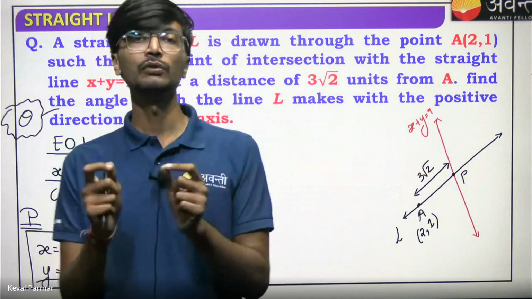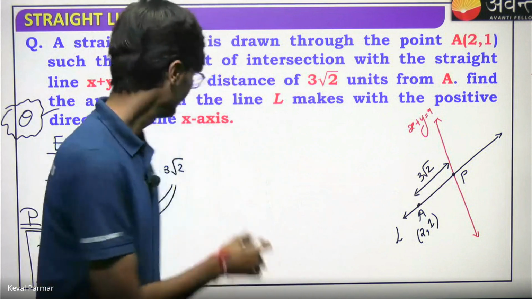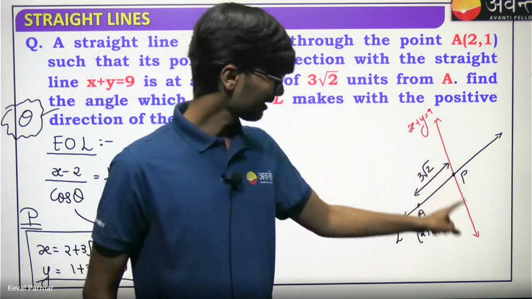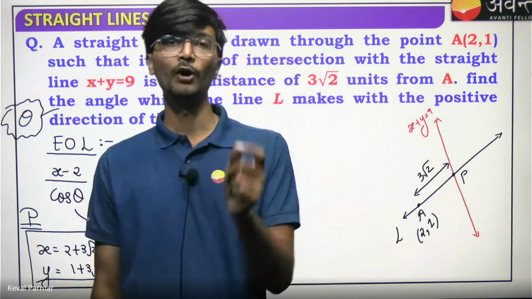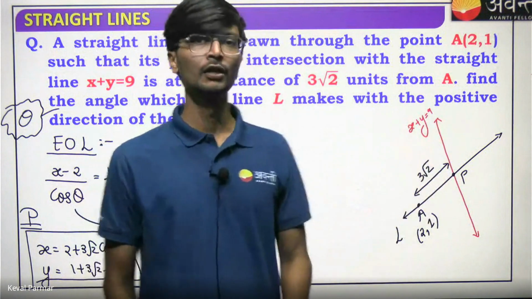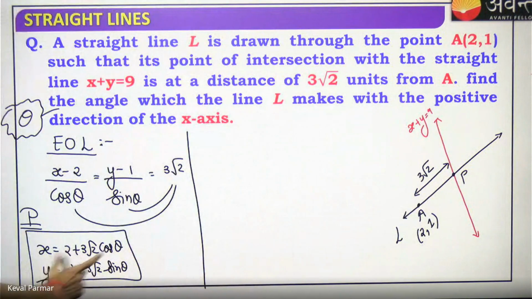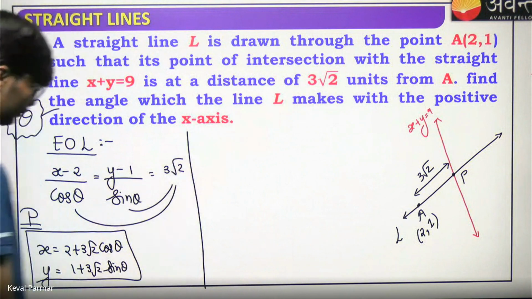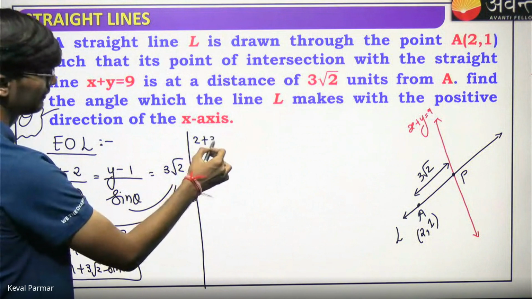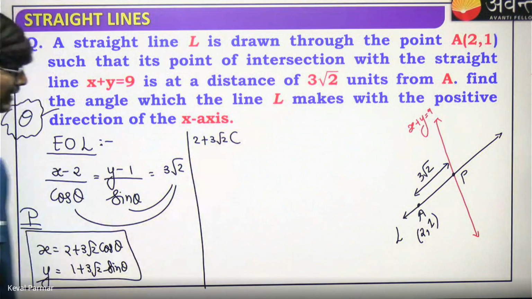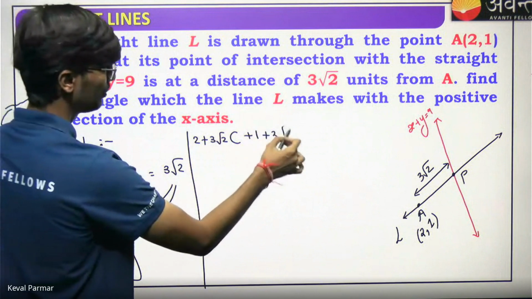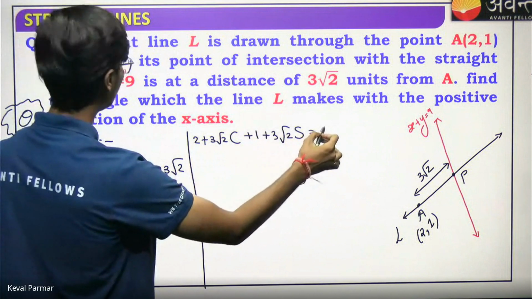Please remember we want to find theta. Now the last step is this point P lies on the red line. And if a point lies on the red line, I can substitute the point in its equation. So let us substitute the point in the equation. I'll get 2 plus 3 root 2 cos theta plus 1 plus 3 root 2 sin theta equals 9, right?